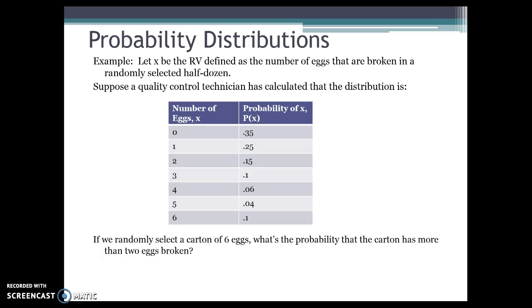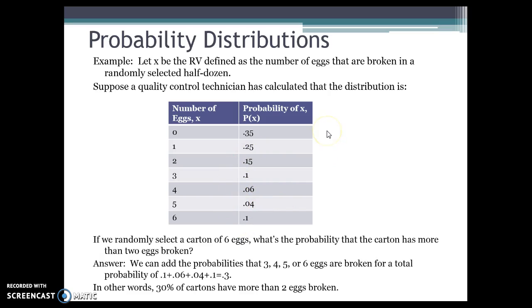Okay. If we were to randomly select 6 eggs, what's the probability that the carton has more than 2 eggs broken? Well, more than 2 would be 2 or 3 or 4 or 5 or 6. So we could just add all of those up and we would get 30%.